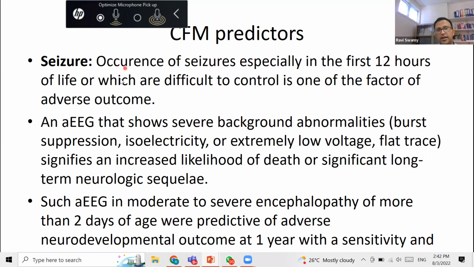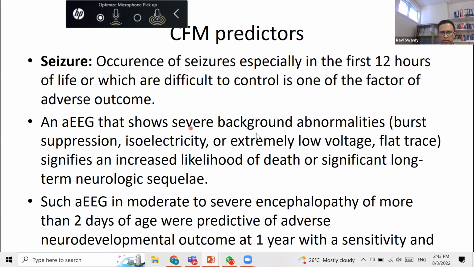Especially if you can't control it, then this child will have adverse outcome. So for you, there is no doubt in that one, that a child having seizures, moderate to severe, and if you're not able to control the seizure occurring within 12 hours, then you're fairly sure that this child will have adverse outcome. This child should be on your regular follow-up.